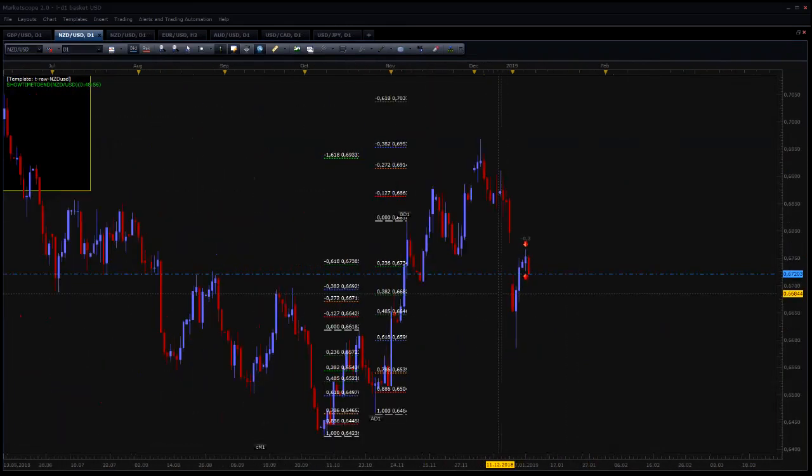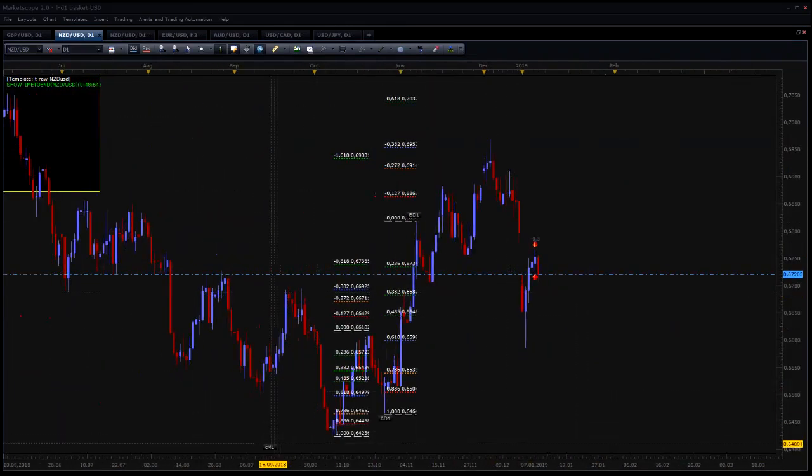So here we are at the C and counting its waves upwards, and here we are. So we have a daily AB, market went out of the AB zone, found resistance at the 1.382 level, and pulled back.